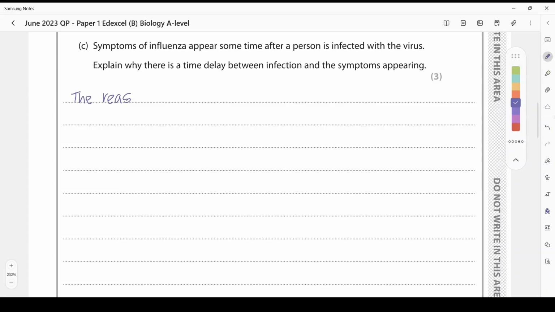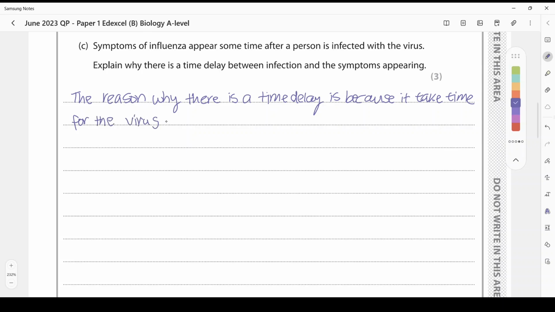So the reason why there is a time delay is because it takes time for the virus to infect and damage a large population of cells.